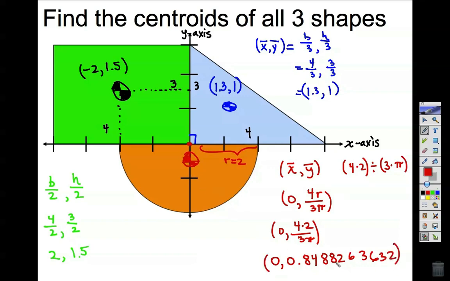I'm just going to round to the nearest thousandth. So in this case, it would be 0, 0.849 for that centroid right there.